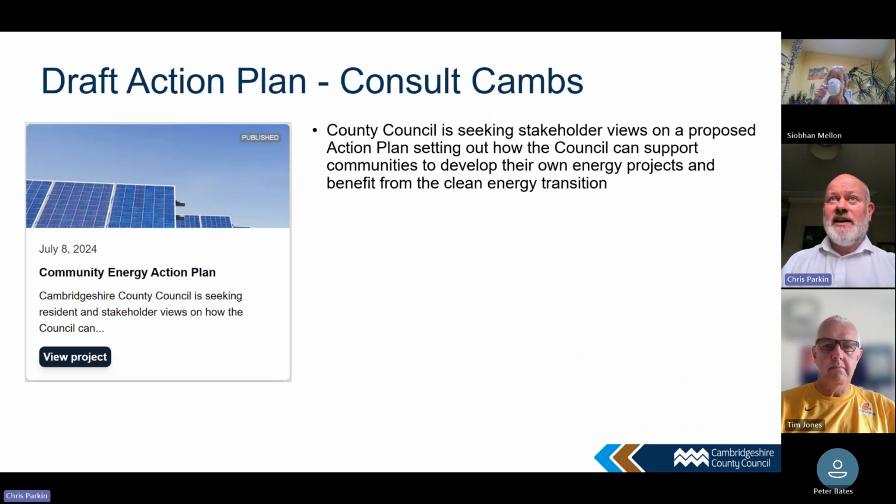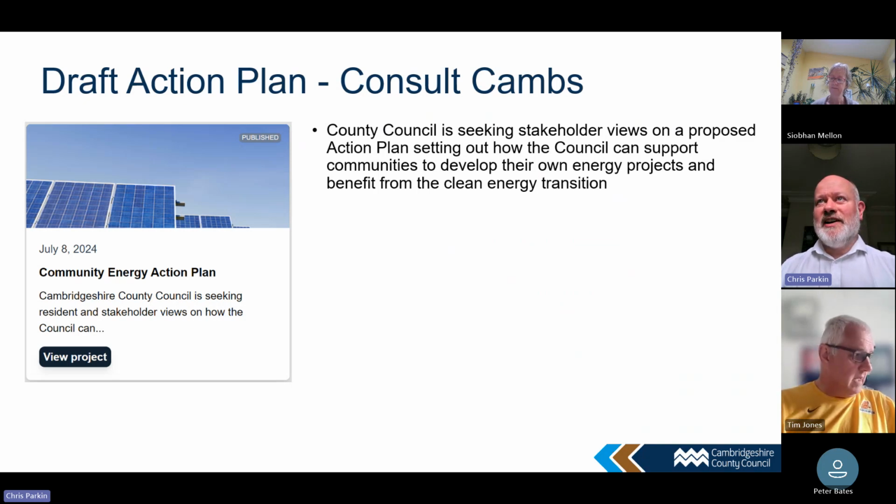Moving on now to the stakeholder engagement exercise that we're currently running on Consult CAM's website. County Council is seeking stakeholder views on a proposed action plan, and that sets out a number of actions that we propose to take to support communities to develop their own energy projects.